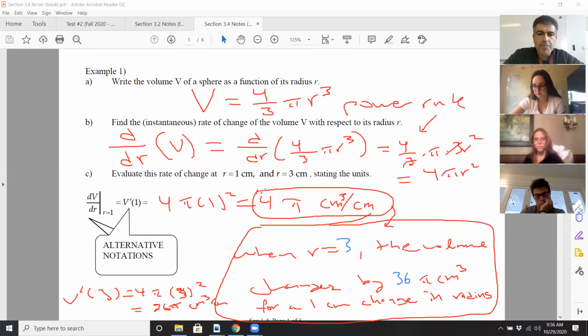So that's what we expect there. Basically, when it goes up by 1 centimeter from before, it changed by that much in terms of volume. And actually, what I should have said for the first scenario, at r equals 1, when the radius was initially 0 and then goes to 1, it changed by 4 pi. You can think of it that way in some ways.